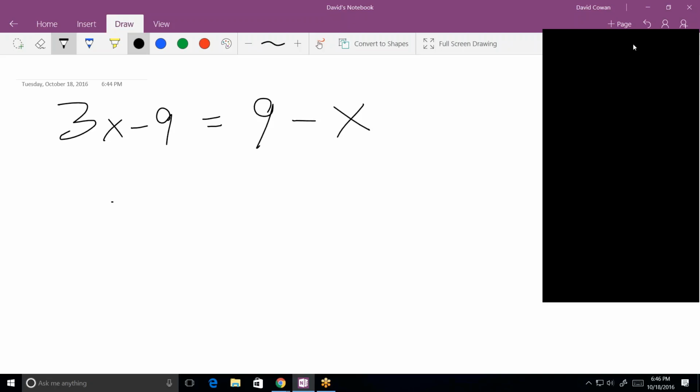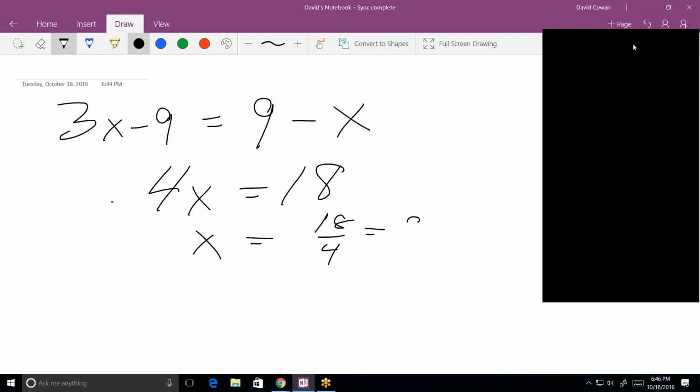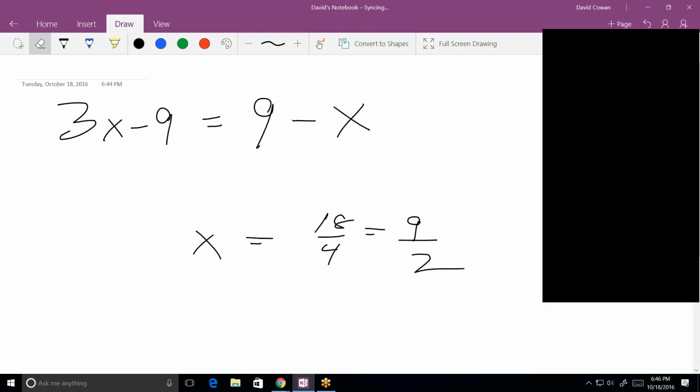But the beauty of knowing which side I'm going to move it to is important, because now I know I'm going to have 4x equals 18. And x equals 18 divided by 4, which can be reduced to 9 divided by 2. Okay? So it's a useful first step to figure out in advance which side you're going to put your variables and which side you're going to put your numbers.